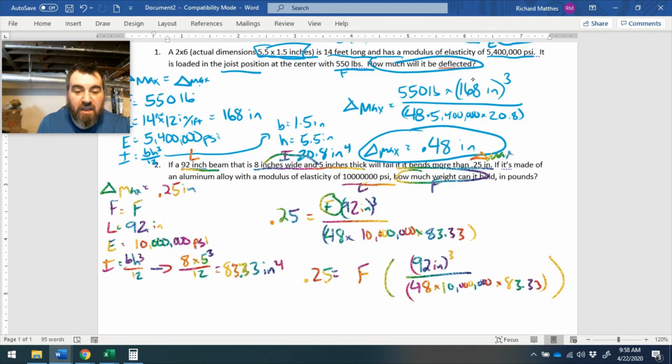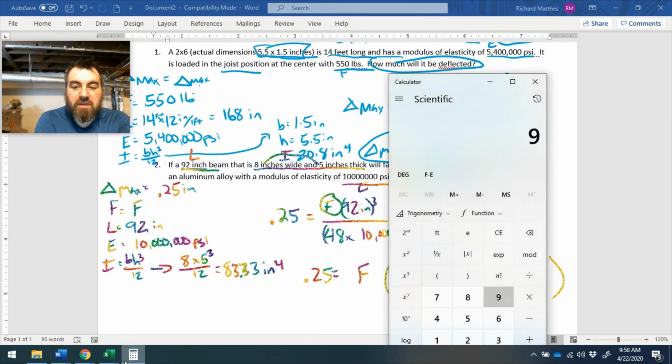So we can just say F times 92 to the third divided by this. This will just make our calculations easier when we get to doing a little bit of algebra. So we'll bring up the calculator. So we get 92 to the third divided by 48 times 10 million times 83.33333.